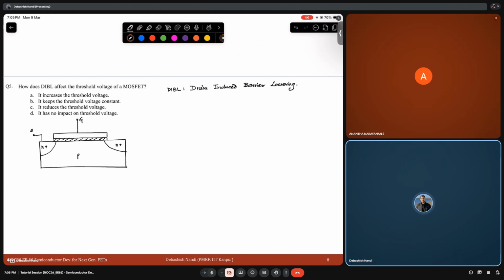This is my gate. This is my drain. Right? And I want to plot the band diagram at this location. How will it look like? Let's say VGS equal to VAB and VDS equal to 0 volt.